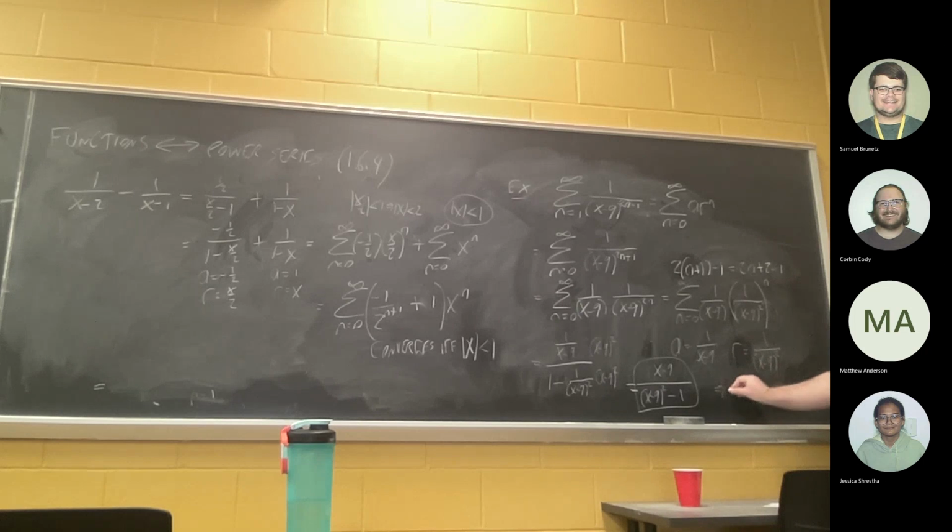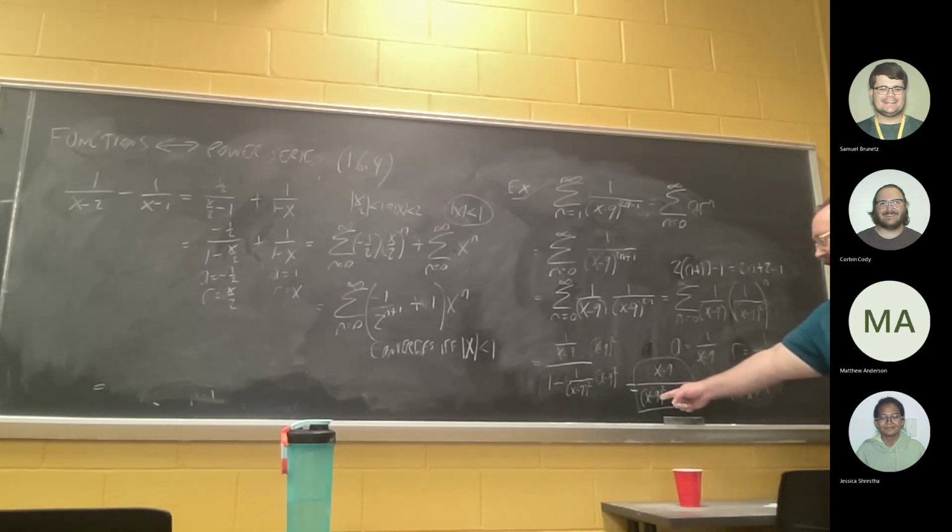So this converges if the absolute value of x minus 9 is greater than 1. You can see here, if the absolute value of x minus 9 equals 1, so x is equal to 8 or 10, this is undefined, because I'm dividing by 0. As long as x is outside of that range, this series will converge.